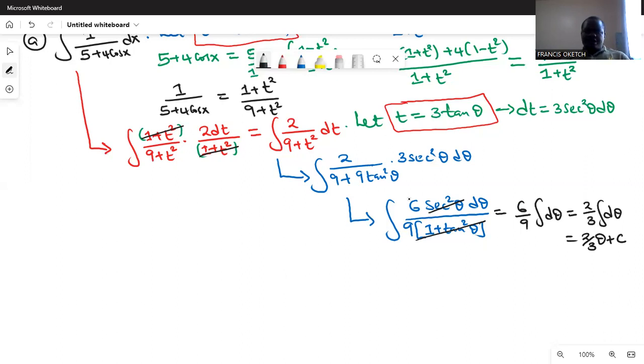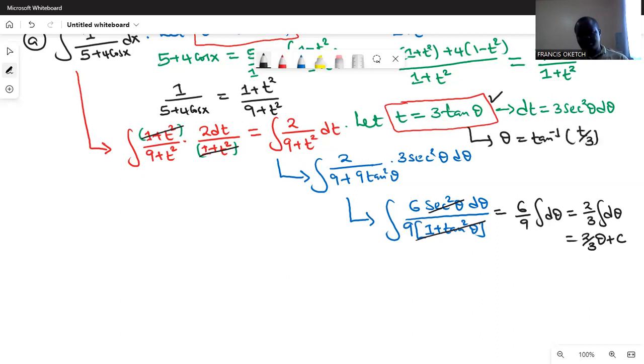Now that is our answer, and we need to replace theta. So go back. We are performing what is called back substitution. We start with this one, make theta the subject. That means theta, from here it is clear that theta is equal to tan inverse of t over 3.